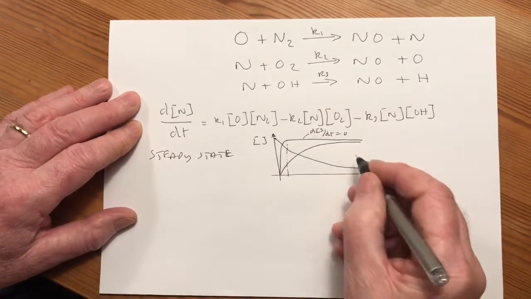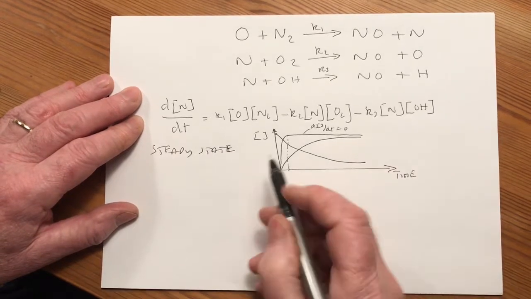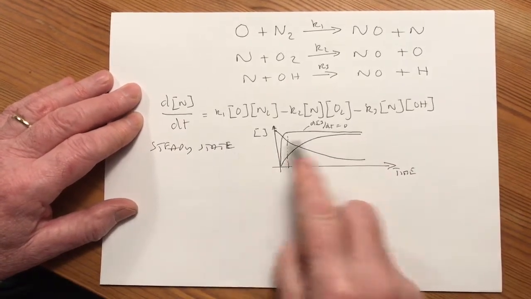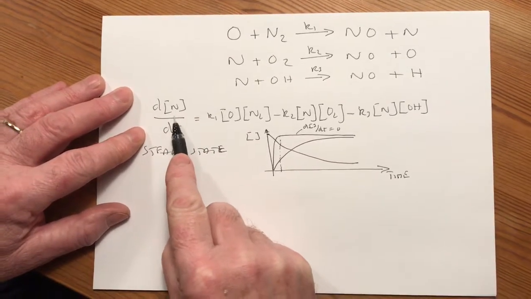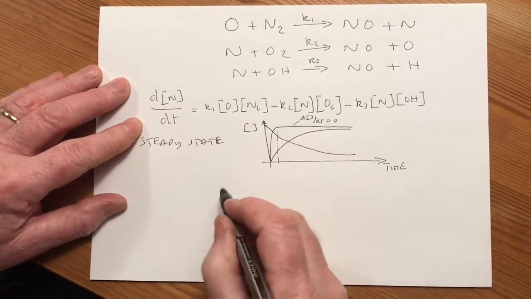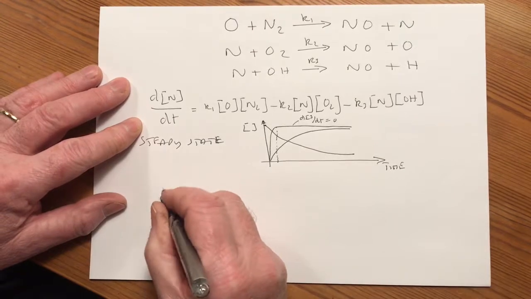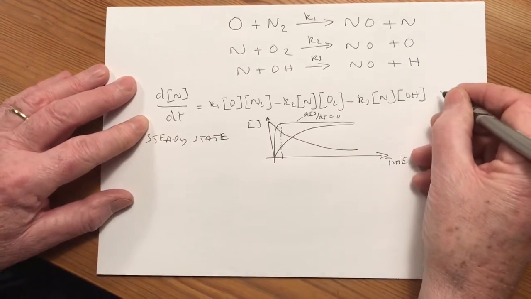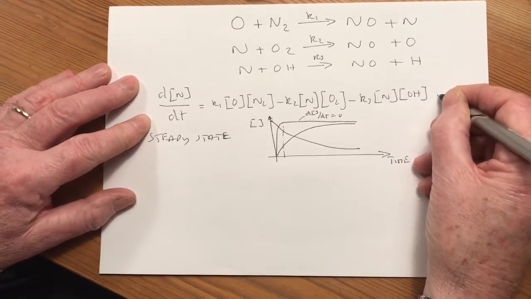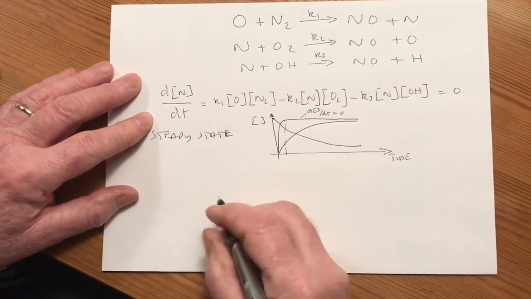So let's have a look at the rate of nitrogen with time. This simply means that this expression up here, we make equal to 0.